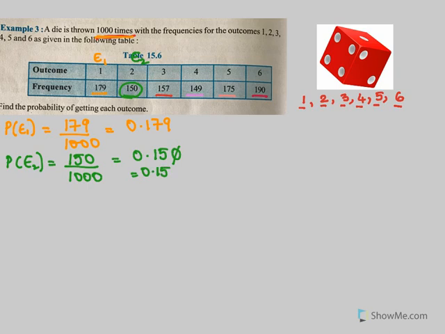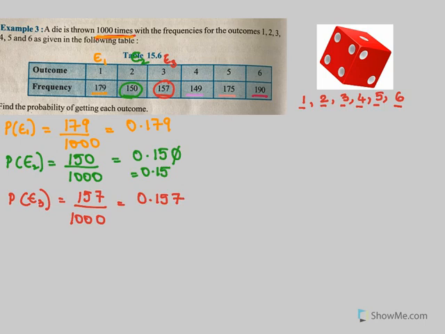Now let's go to find the probability of getting number 3. We'll call it event 3. So the probability of getting event 3, that is number 3 coming on the dice. How many times has it come? 157. So 157 over total 1000. So that is 0.157.